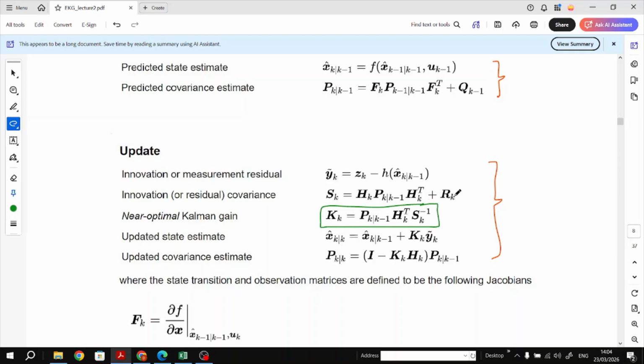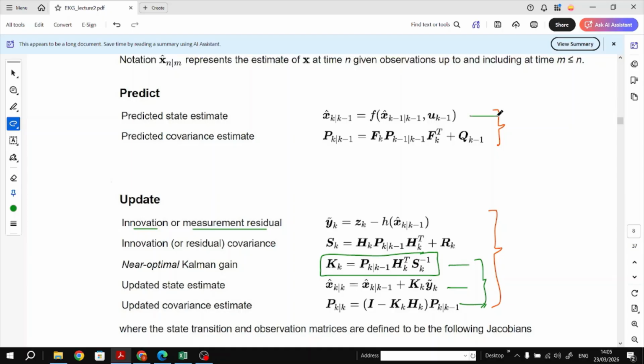So what is the S matrix? S is the covariance matrix of the innovation vector, also called the measurement residual. So we incorporate this in here. Basically, you have three equations in the sensor update step, and you have two equations in your prediction step.